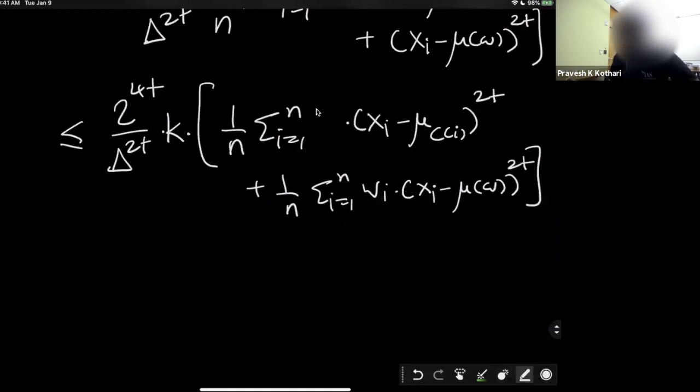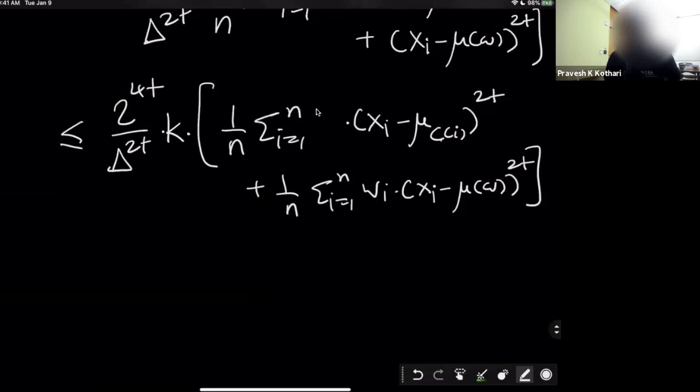Now I'm at a point where I can upper bound both these terms separately. Let's see if you can help me do that. Let's try to upper bound the first term first. Let's understand the distribution of x_i minus mu of C(i), because that's maybe easier to look at. Remember, x_i comes from one of the k possible Gaussians, and then you are subtracting the mean of the Gaussian it came from, right?